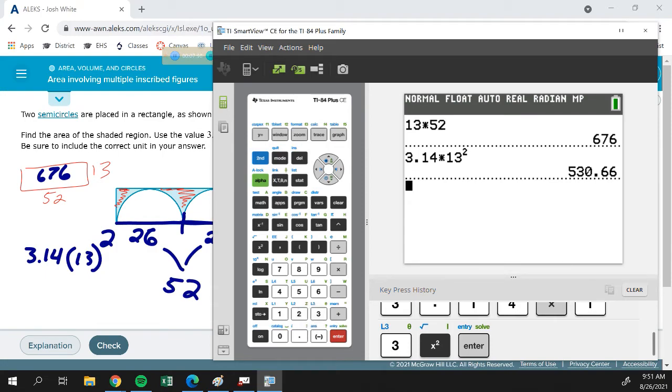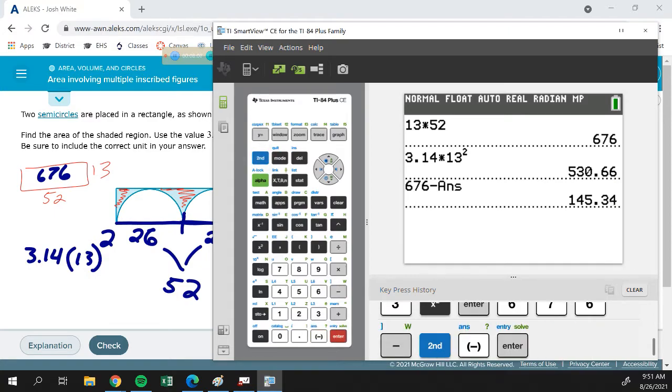Now what? Subtract the two. The area I want is the part of the rectangle that is not covered by the circle. So 676 minus the answer is 145.34.